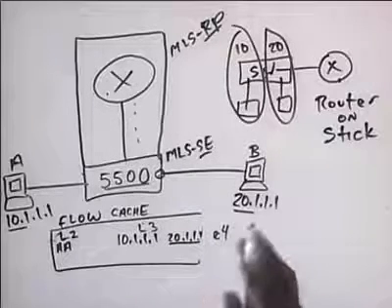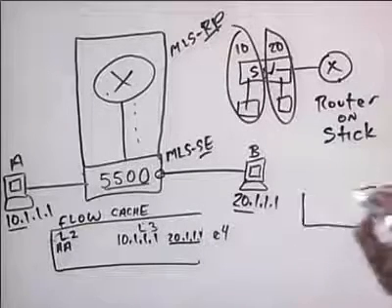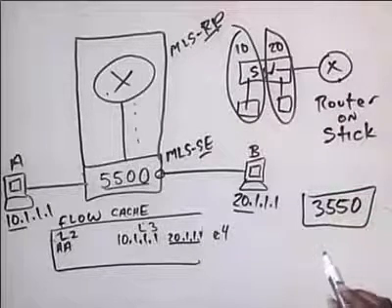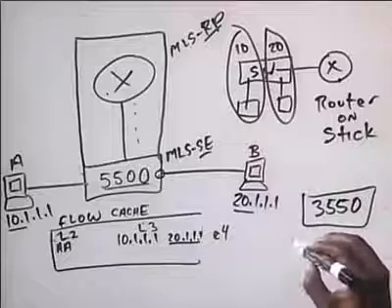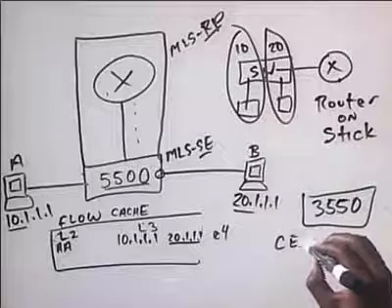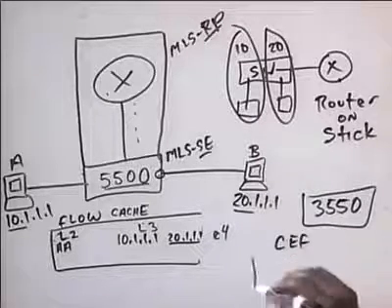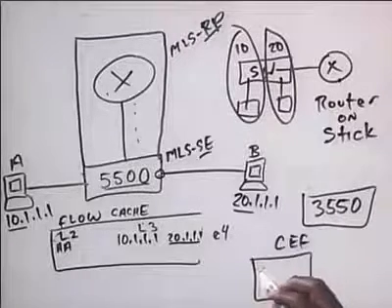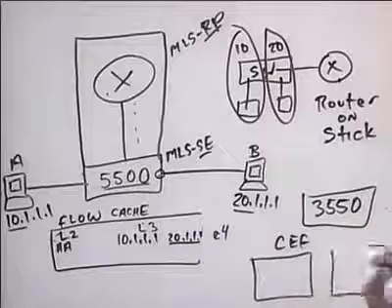In layer 3 switching, all of this is going to be done with one common processor called Cisco Express Forwarding. And so now this 3550 switch keeps a MAC address table and a forwarding table.